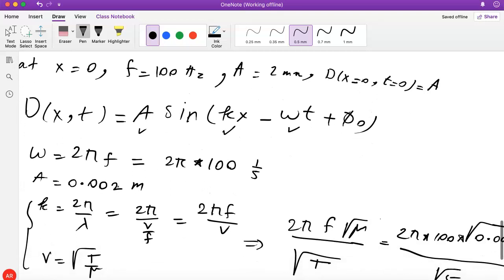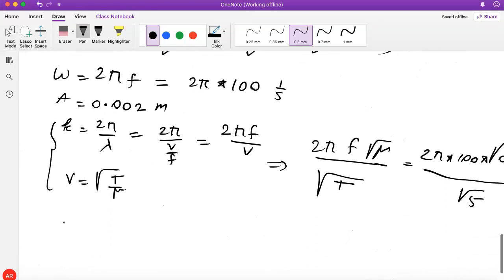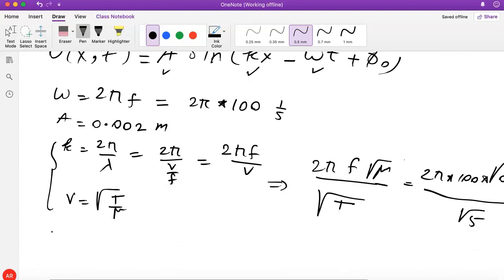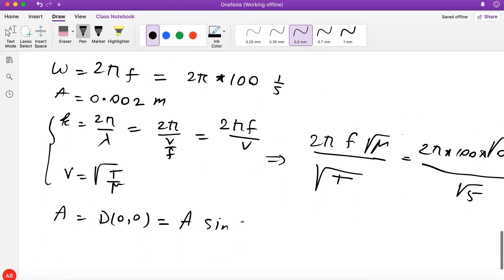So plugging in x equals 0 and t equals 0 into this, we find A we know is d of 0 and 0. And that's going to be A times sine, well, those two terms disappear because we're setting x and t to 0, sine of phi naught.